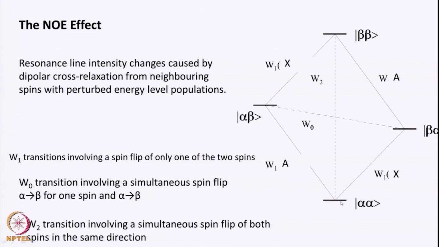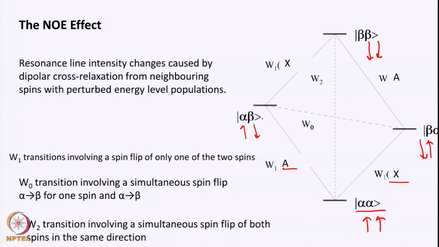We had two weakly coupled spins, say spin A and spin X. There are four energy levels: here both spins are up, alpha alpha; here one spin is up and another is down; here one spin is down and another is up; and here both spins are down. Now there are four transitions possible.